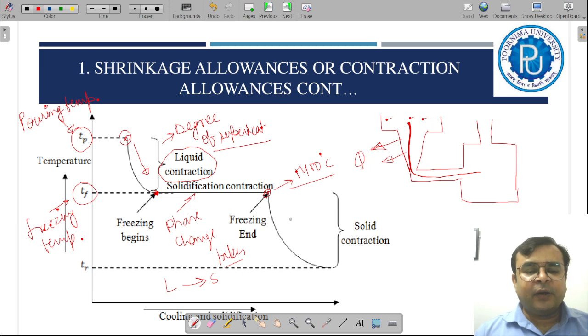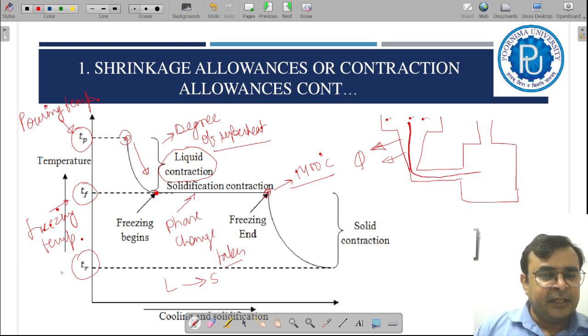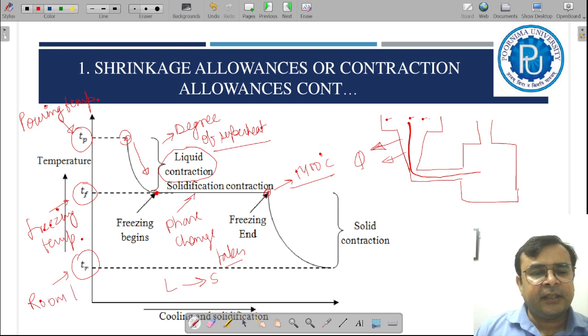So further analysis is also required. At this point the metal is completely solidified, but we still need to analyze it until room temperature, and this temperature represents room temperature.